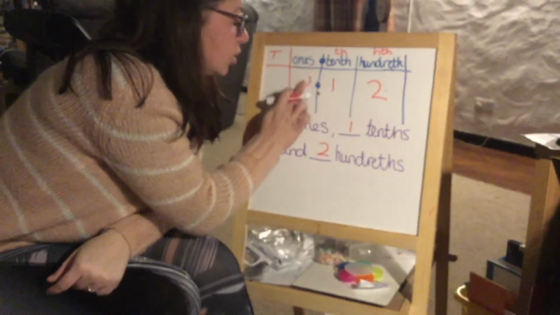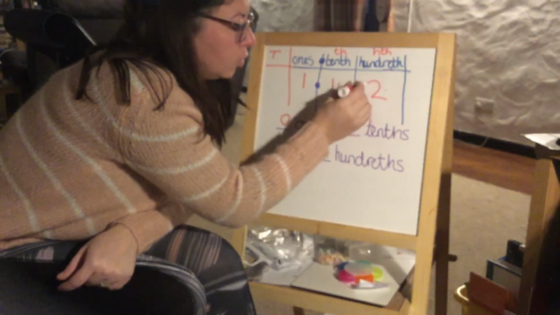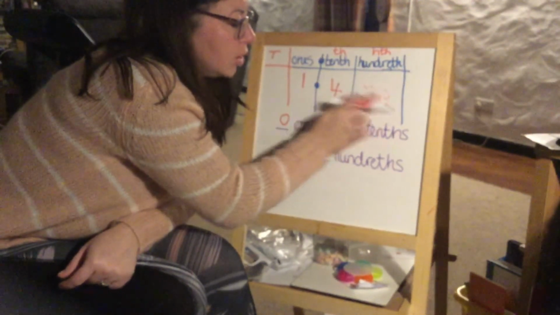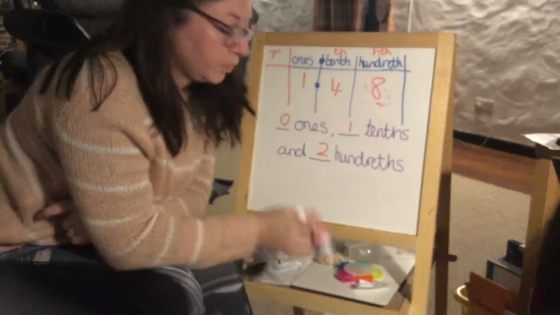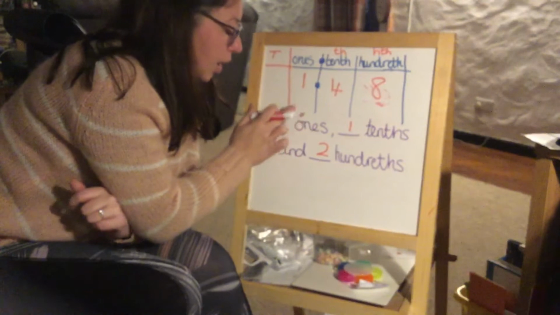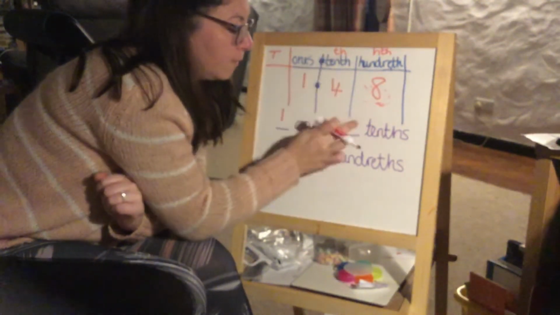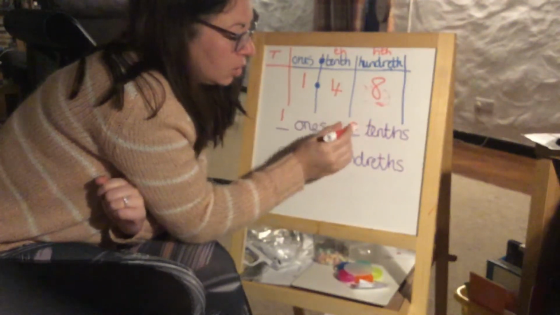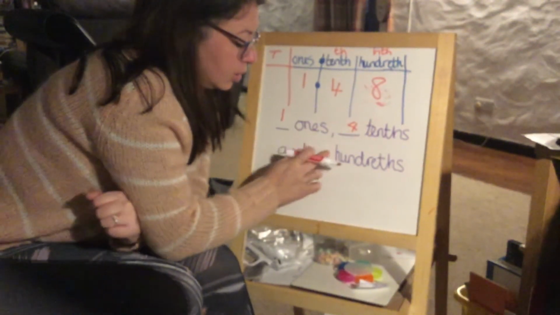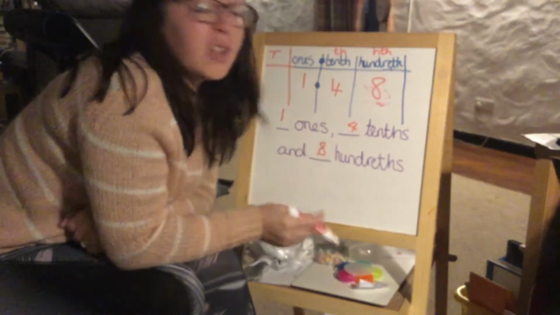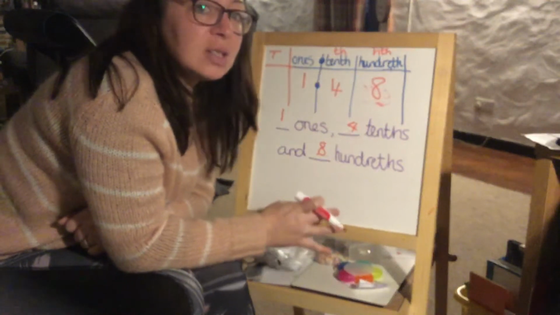Okay, if we change these numbers to say 1.48, that means we have 1 one, we have 4 tenths, and we have 8 hundredths.